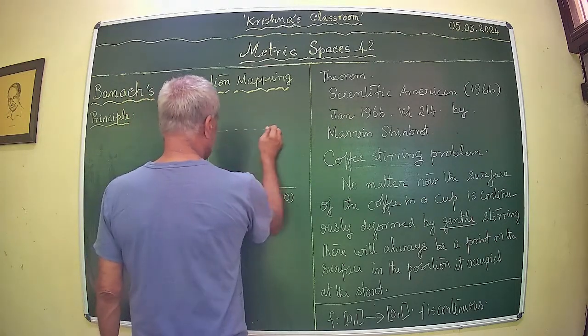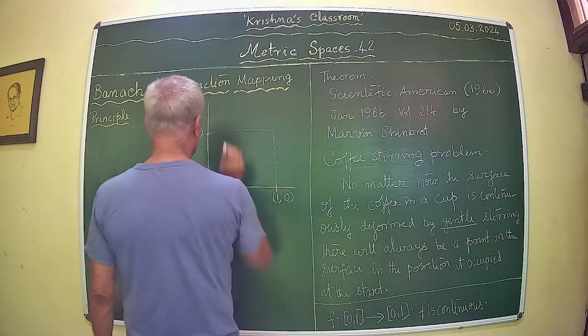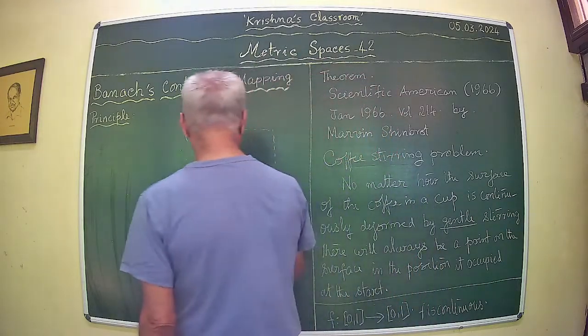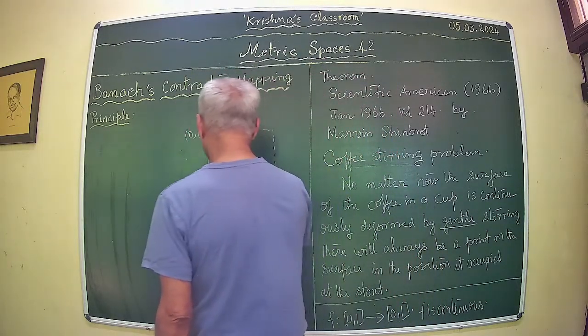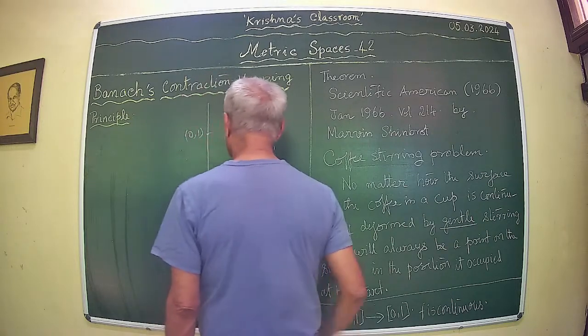Now in this frame, the graph would stay in this square, and the function would be, if you are mapping from the interval [0, 1] to [0, 1], then the image would be here.